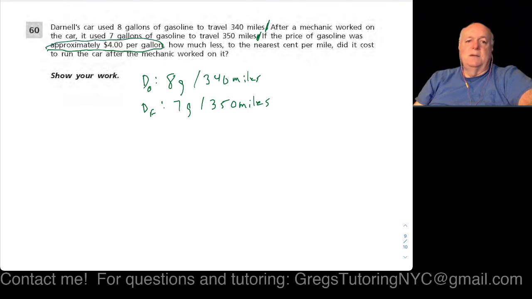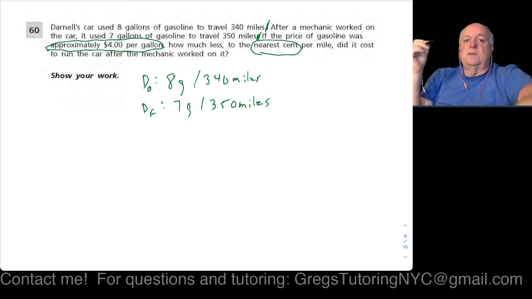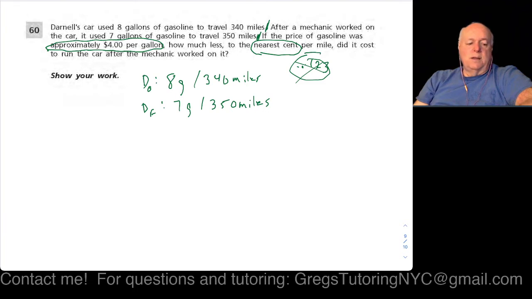How much less to the nearest cent? When they use terminology like that, they're talking about to the nearest hundredth, right? Because cents work in there. So they're not looking for you to get like 0.123 cents. Okay, to the nearest cent they're talking about. So 1 through 100 basically is what they're per mile. The nearest cent per mile did it cost the car after the mechanic worked on it.